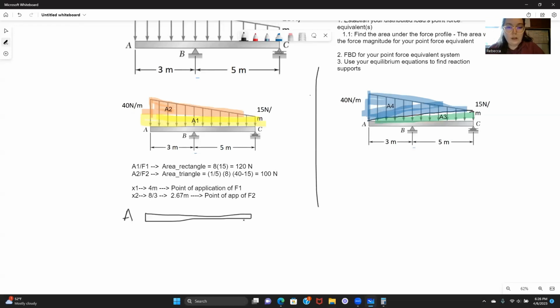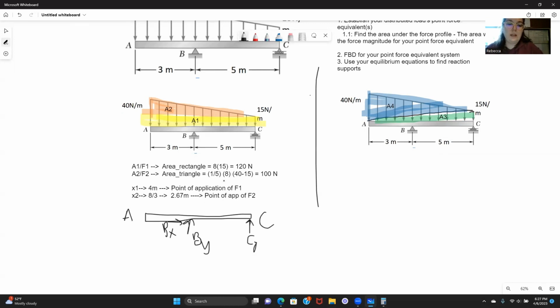We're going to have A over here and C over here, with a pin joint at B. At a pin joint, we have both an X and a Y constraint, meaning it's preventing motion in both the X and the Y direction. So I'm going to call these BY and BX. At C, we have a roller, so we're going to have only a perpendicular force there, CY.